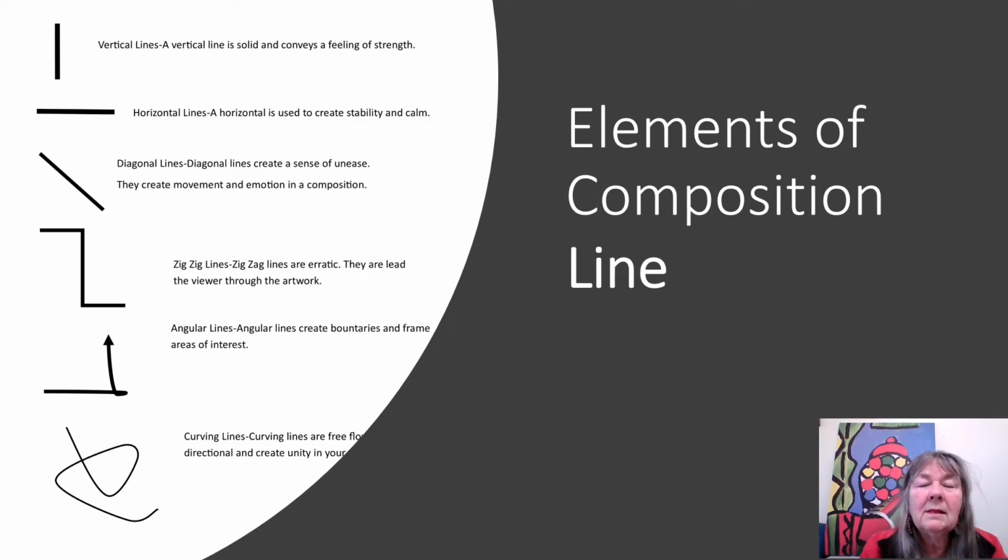A zigzag creates a feeling of pathway or following, moving in the composition. An angular line creates a feeling of movement, and also it's a directive line. It also creates a sense of boundary.